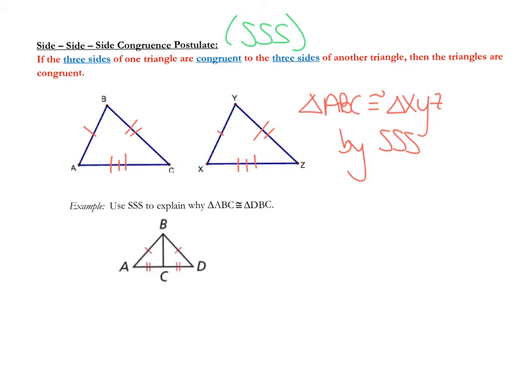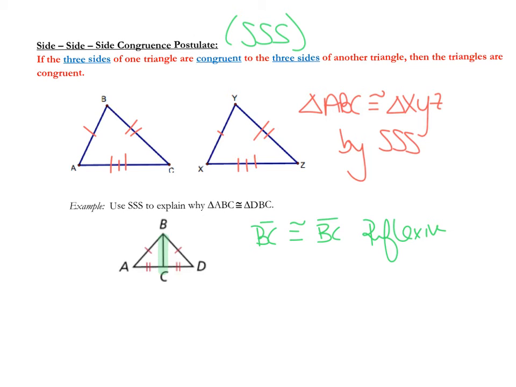Now, if we're looking at the example listed below, right now it only has 2 sides marked congruent for us. However, we have properties that allow us to prove a 3rd side congruent. That is, in this case, that BC is congruent to BC by the reflexive property.